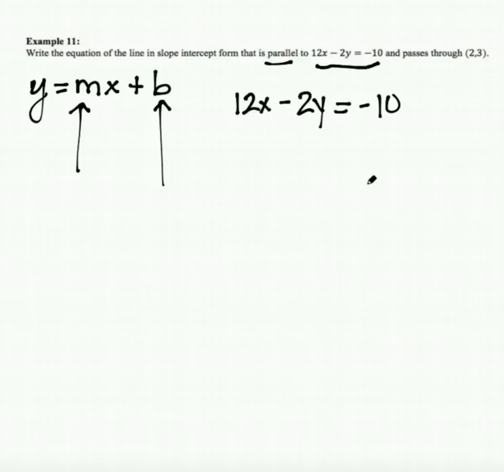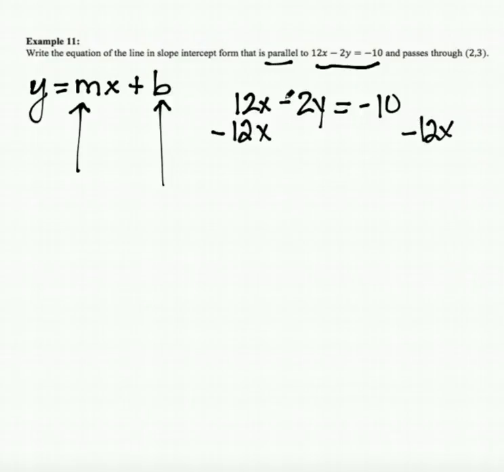Well, when I look at this equation in this form, I can't look at it and tell what the slope is. I need to rearrange it, get it into slope-intercept form so that I can figure out what the slope of this line is. So to do that, I'm going to isolate the y. So I'm going to do minus 12x.